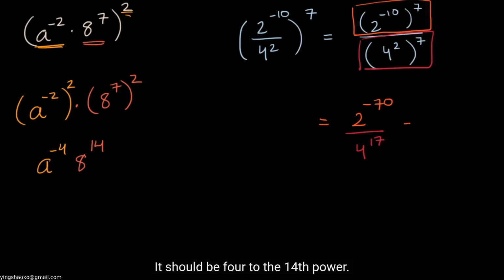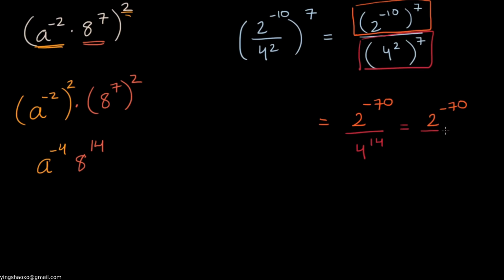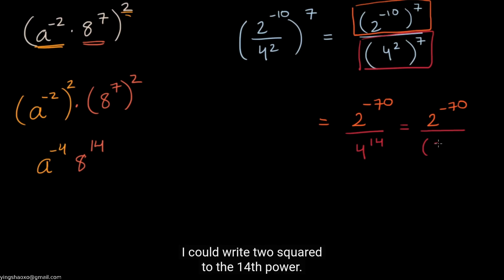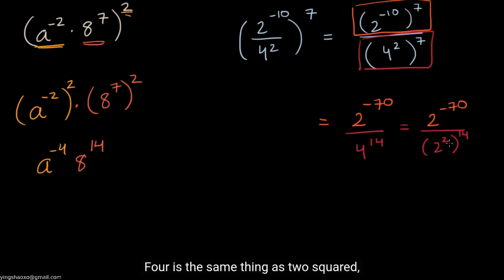It should be 4 to the 14th power. Let me correct that. Instead of writing 4 to the 14th power, this is 2 to the negative 70th over, instead of writing 4, I could write 2 squared to the 14th power. 4 is the same thing as 2 squared.